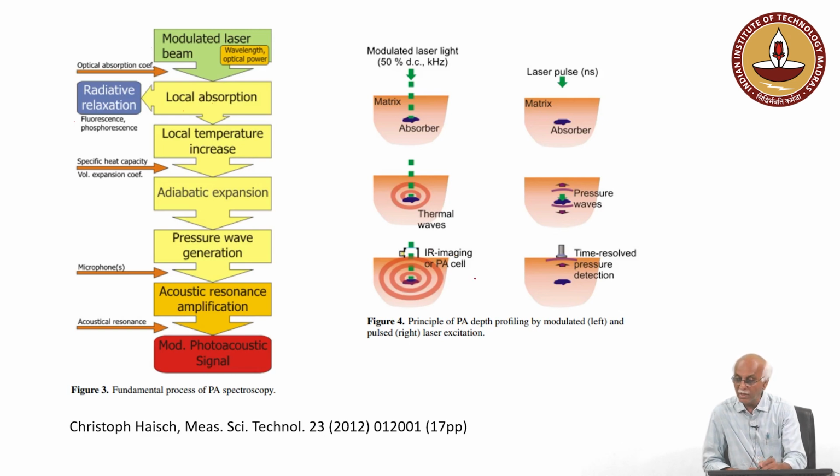At the same time, it is also possible to capture even the time resolved pressure. So, let us say we send a laser pulse which is nanosecond order, as compared to a DC light source or laser diodes with a high frequency.